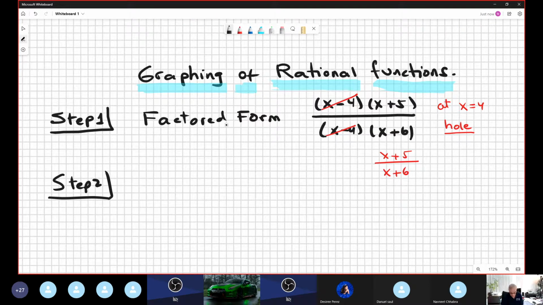Step 2. Important. In any graph that we are doing so far in this subject, two super important points are the y-intercept and the x-intercept. By definition, the y-intercept is the point in which the curve crosses the y-axis. And what is the formula, Professor?